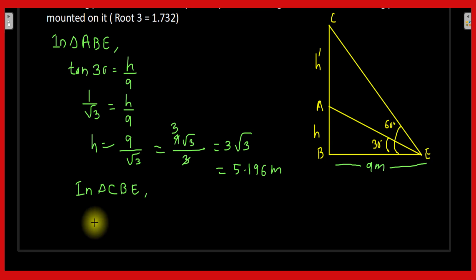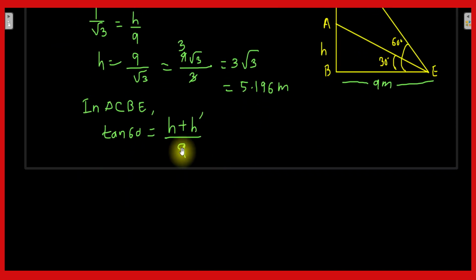So tan 60 is equal to H plus H dash upon 9 meter. The value of tan 60 is root 3.